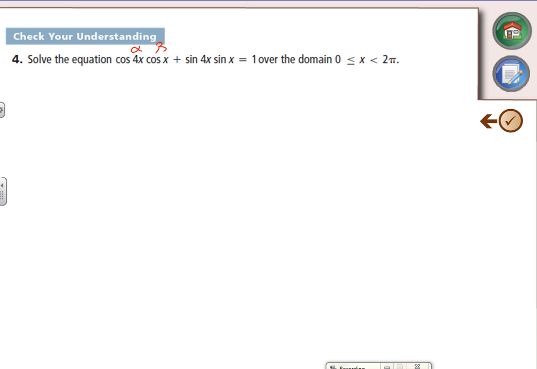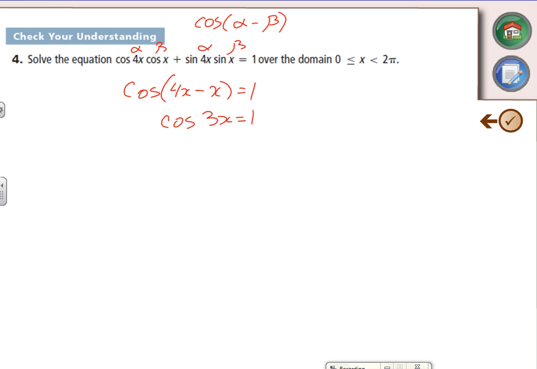And sure enough, if I look carefully enough, I've got alphas and betas, and on my formula sheet, that's cosine of alpha minus beta. Looks very similar to that, where alpha is 4x, beta is x. So I can just simplify it to this. Cosine of alpha, 4x, minus beta, x, equals 1. So now I've got cos of 3x equals 1.